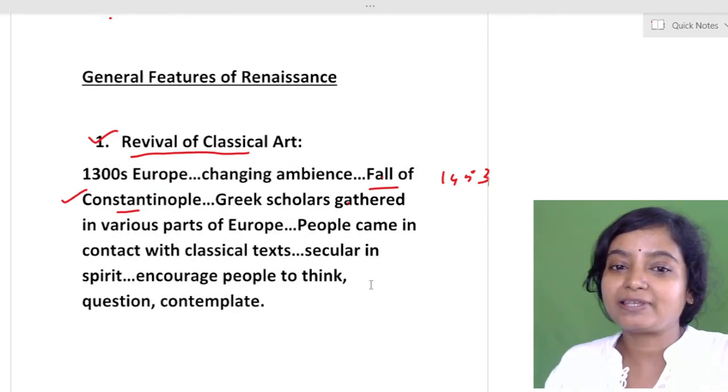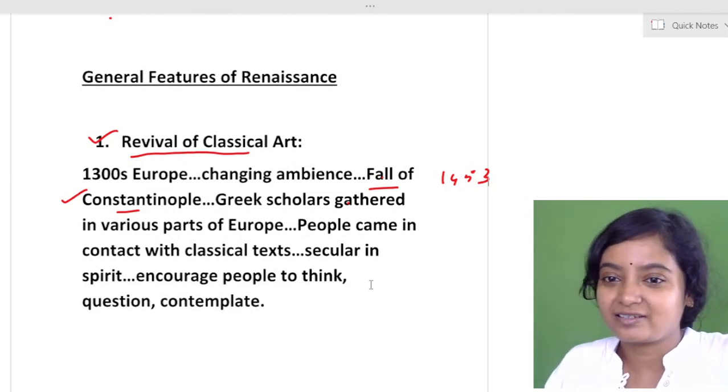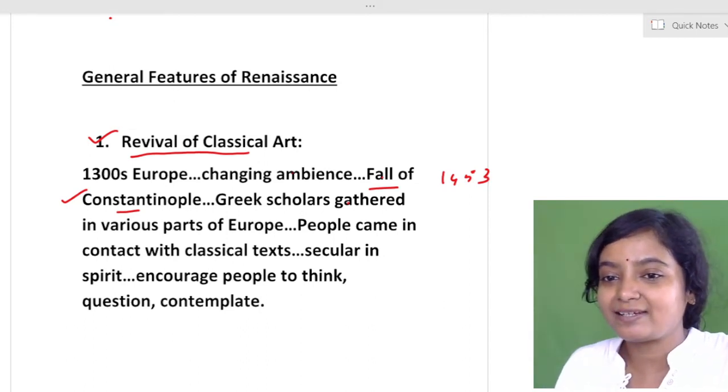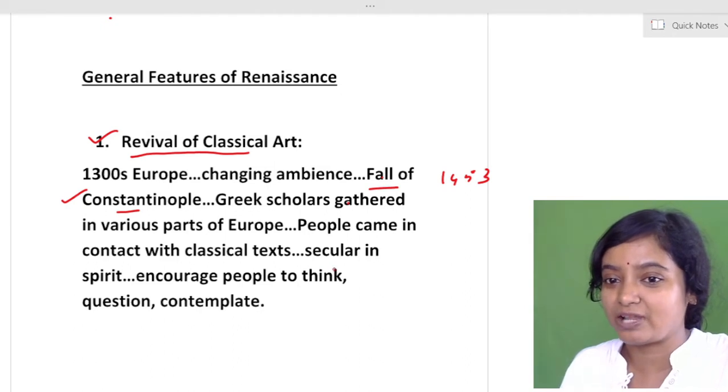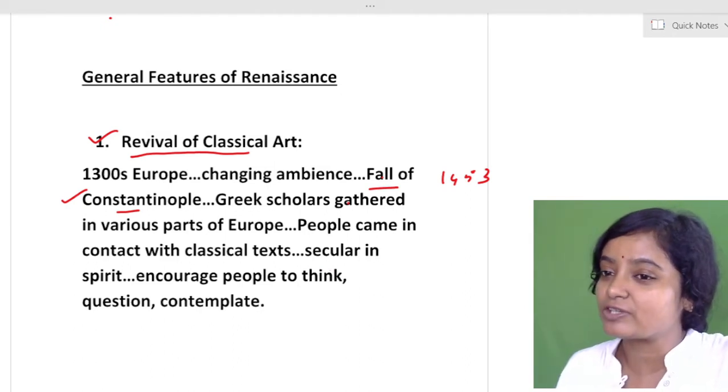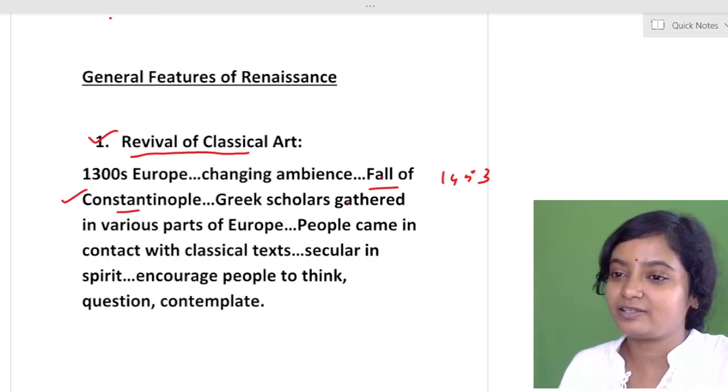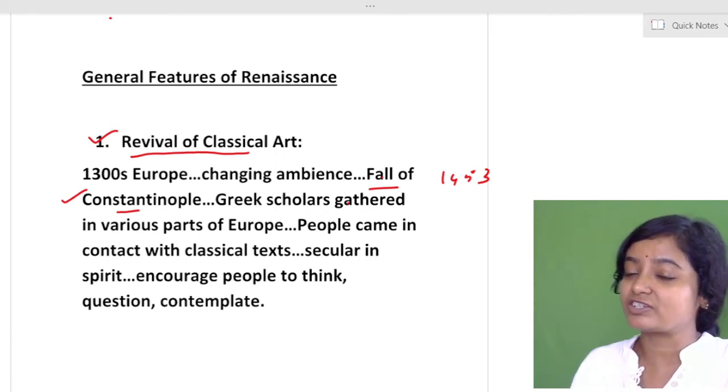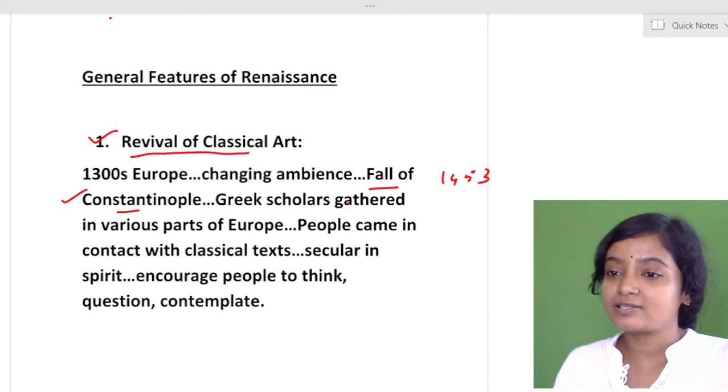And people came in contact with classical texts, secular in spirit. Most of all, the classical texts were not like the religious features of the medieval age. Medieval literature is totally based on religiosity, spirituality, tales of the Bible, Christianity, etc. But classical literature was based on secular art.